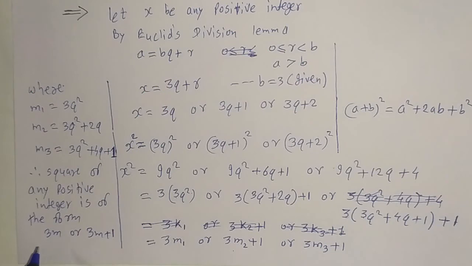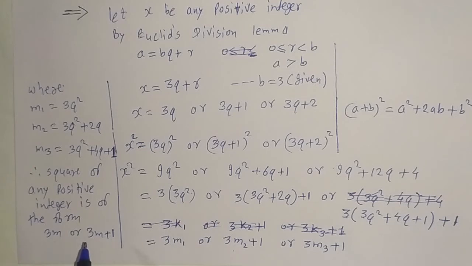So you can replace these three equations by only two. Then the final answer will be that the square of any positive integer is of the form 3m or 3m plus 1. For these two equations you can write the common form as 3m plus 1. So this will be our final answer.